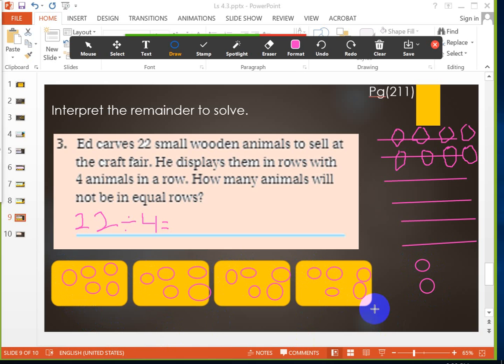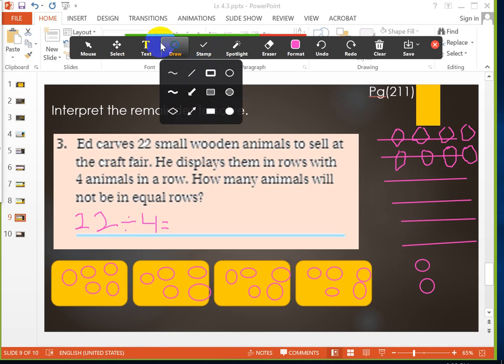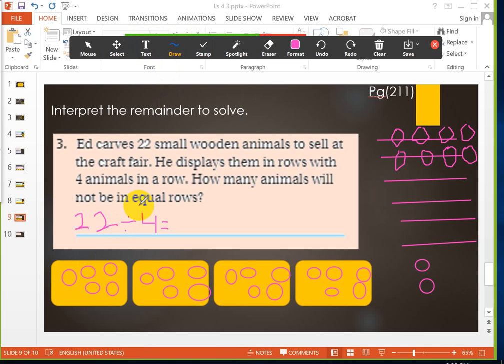Girls, how many wooden animals left with me? I divide 20 animals in how many rows? The number of rows. Please focus with me, girls, now. Don't talk together. The number of rows, 1, 2, 3, 4, 5. So I will put 5 rows and there remain with me what? 2 wooden animals. But this is not the answer for this problem.